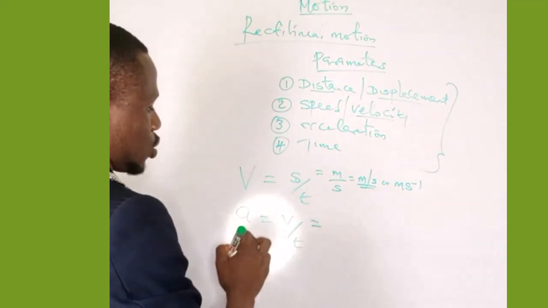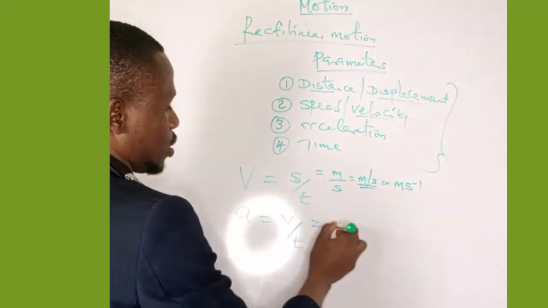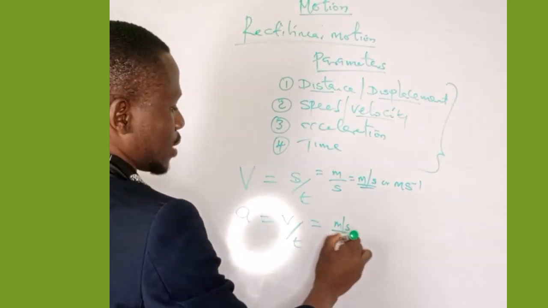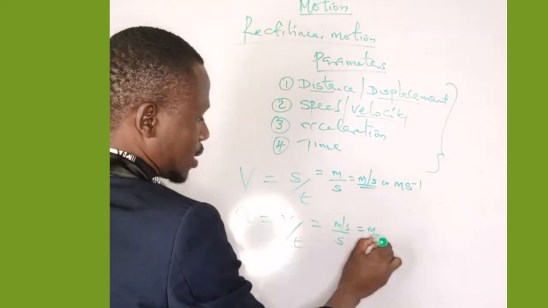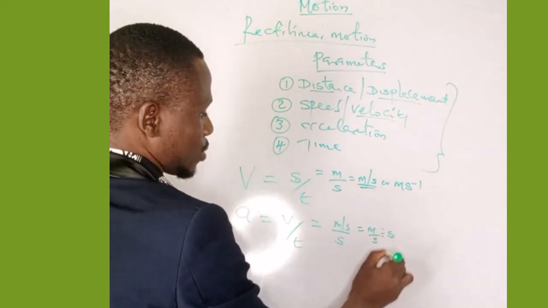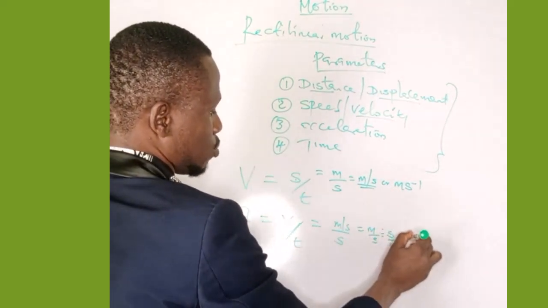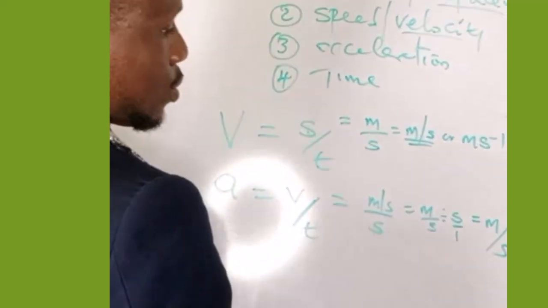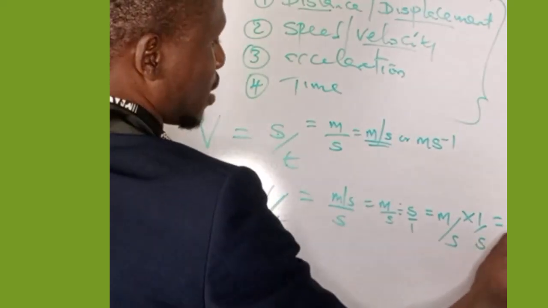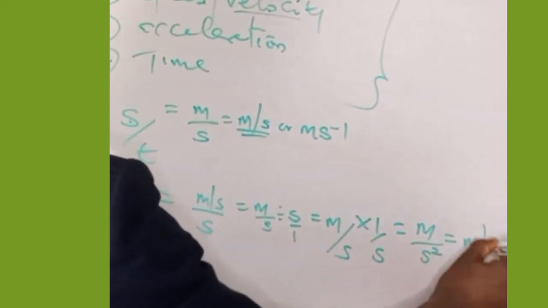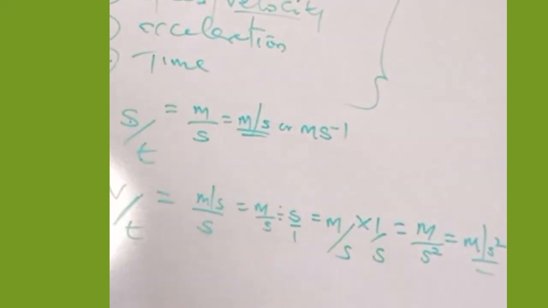The unit of acceleration: velocity is already meter per second, over seconds, which is meter per second times 1 over second, which is meter over second square. That is meter per second square.